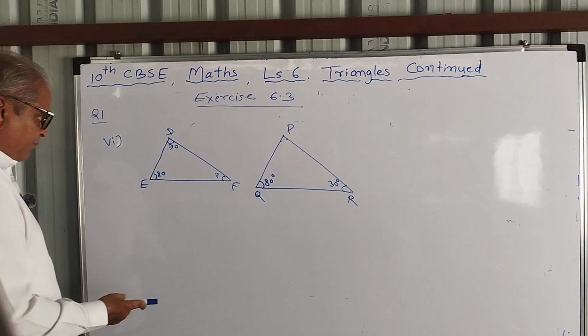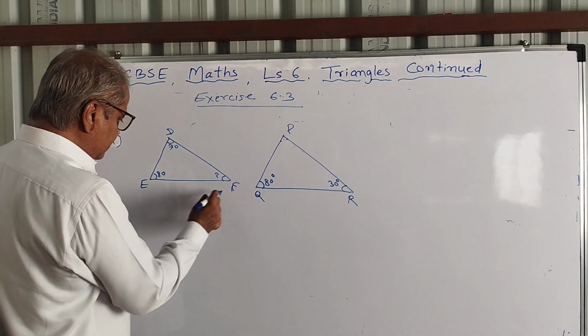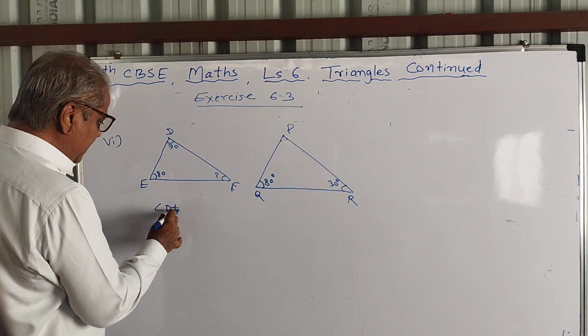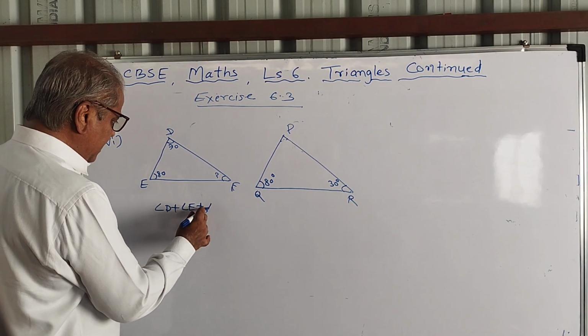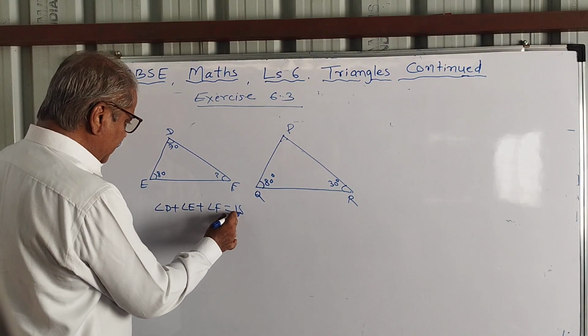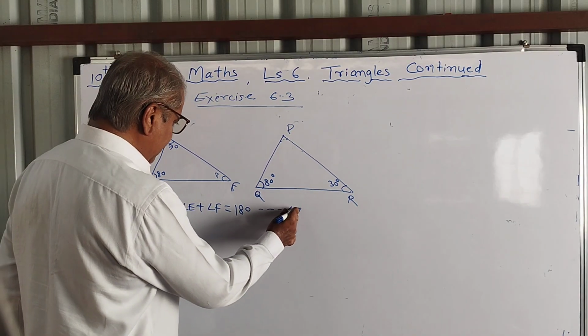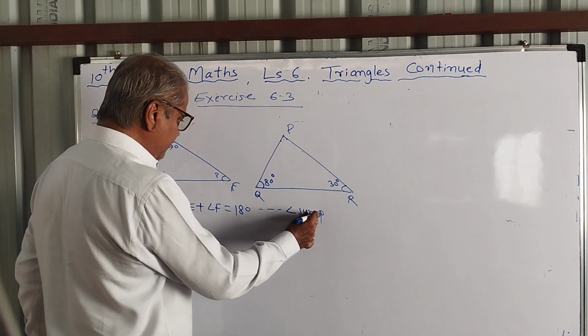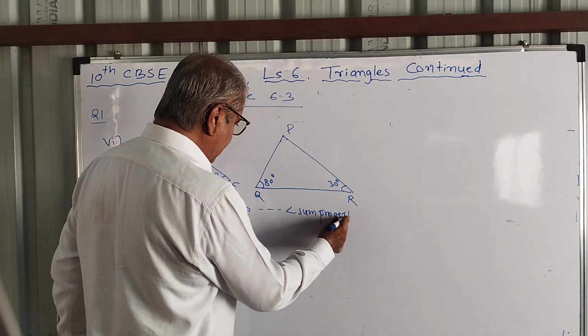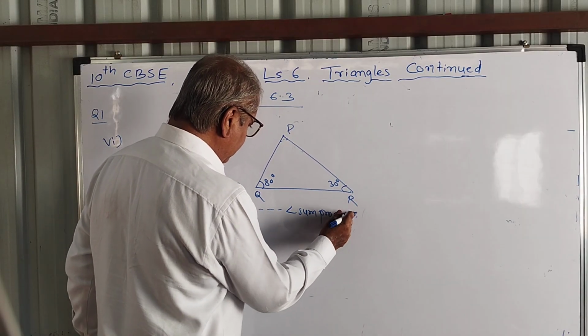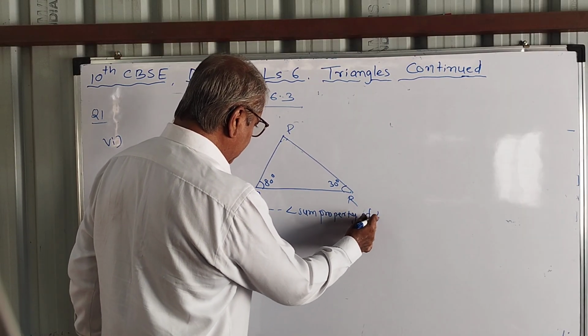So if you find the angle F, see, angle D plus angle E plus angle F is equal to 180 by the angle sum property of a triangle.